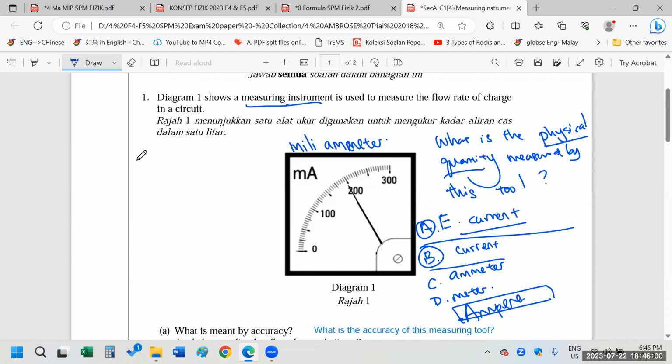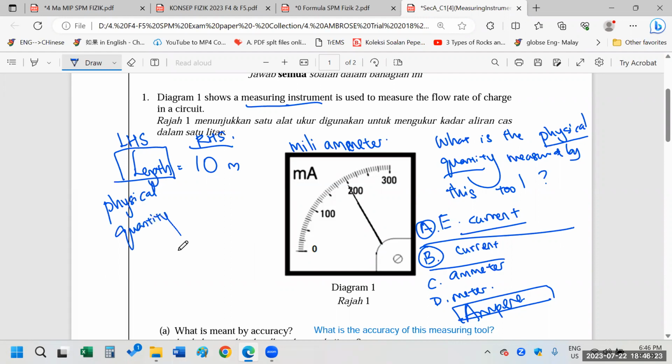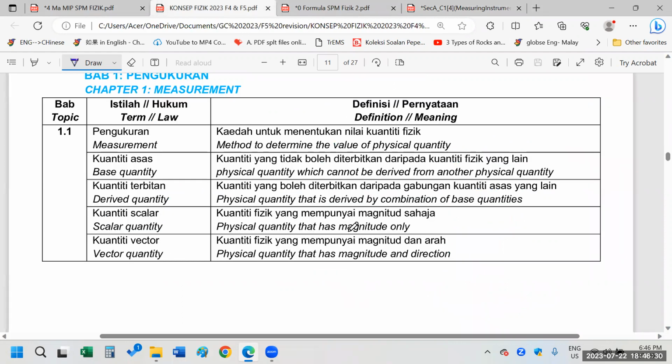Because normally we write it this way: length equals 10 meter. There is an equal sign, with a left hand side and a right hand side. On the left hand side is the physical quantity, and 10 is the magnitude only.